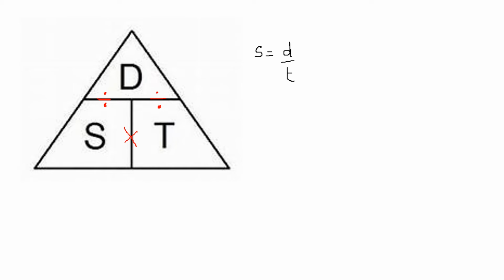If I want to know distance, I need to look for the relationship between speed and time. So I would multiply those together. So I would get distance equals speed times time. And then if I want to know time, I would need to do distance divided by speed.